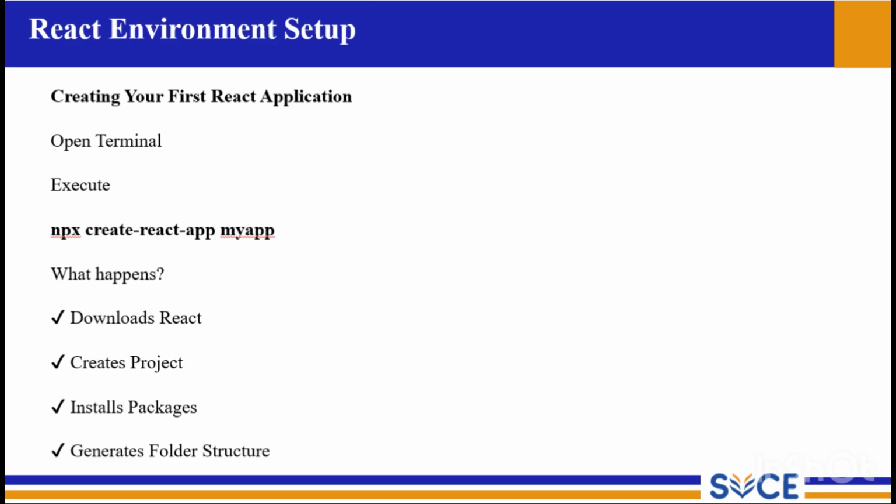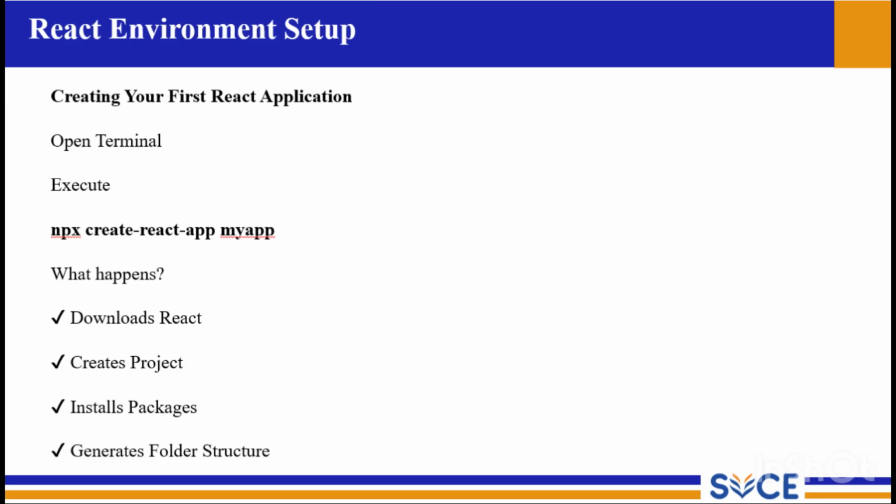Once the installation is completed successfully, the React project is ready. We can then navigate to the project folder and start the development server to begin building our first React application.